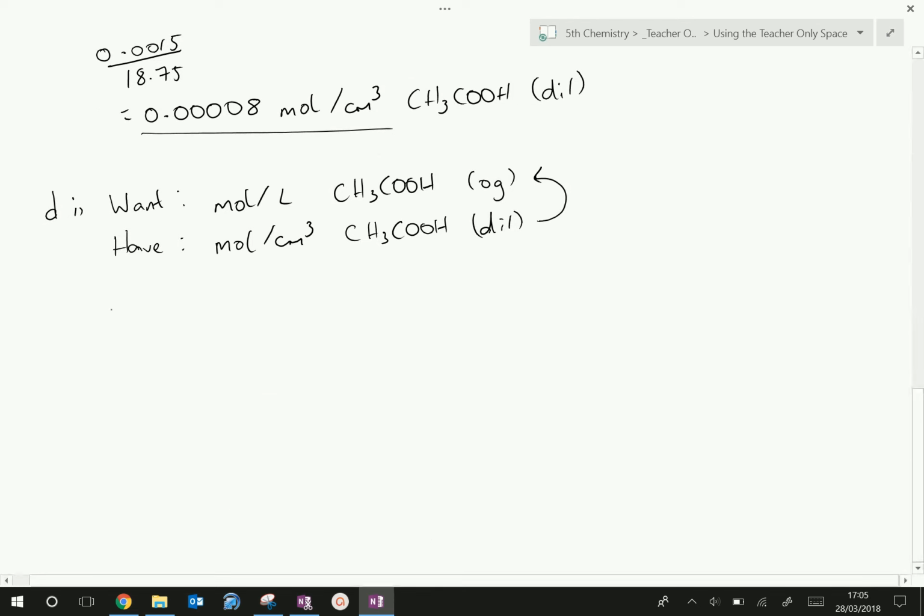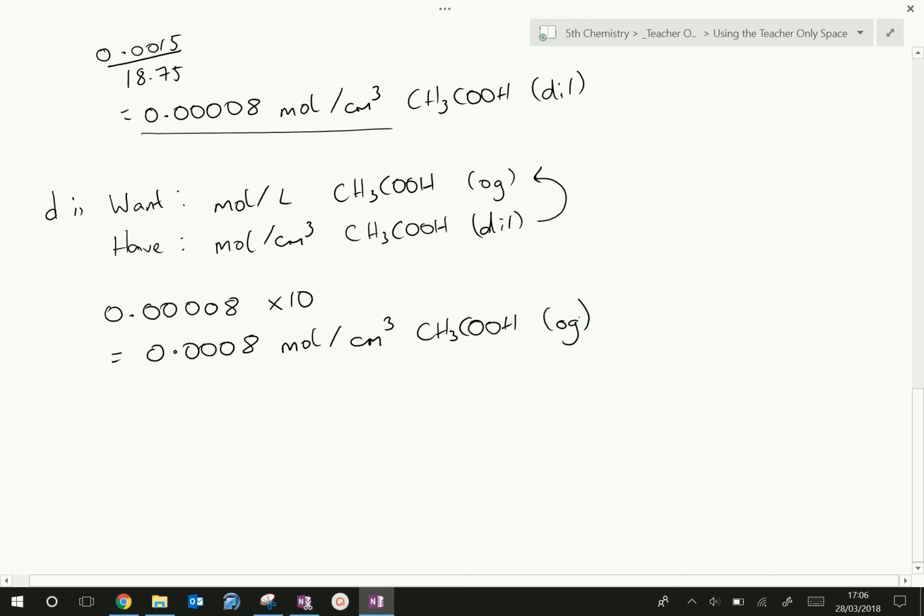So all I need to do is take my value for the concentration of the diluted vinegar and multiply it by 10. So I have 0.0008 moles per ml of ethanoic acid, but now that's original. Nearly there.